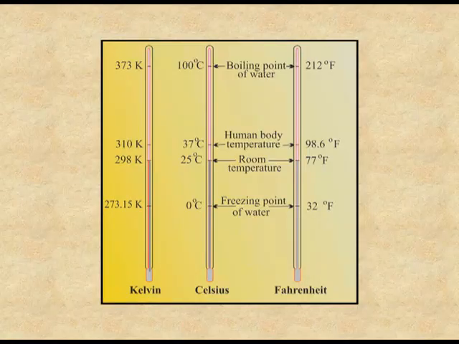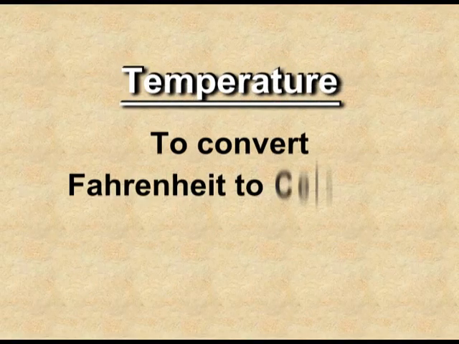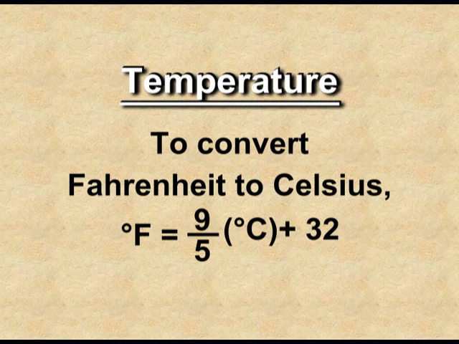For example, 0 degrees Celsius is equal to 273.15 Kelvin. Similarly, 100 degrees Celsius is equal to 373.15 Kelvin. Degree Fahrenheit can also be converted into degree Celsius by using the formula: degree Fahrenheit equals 9/5 times the temperature in degrees Celsius plus 32.